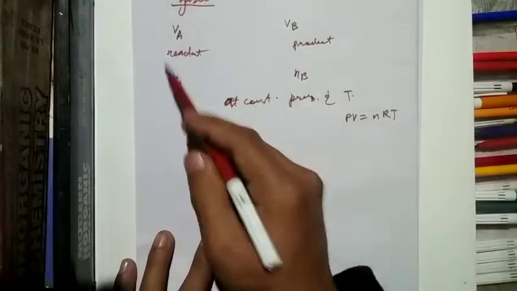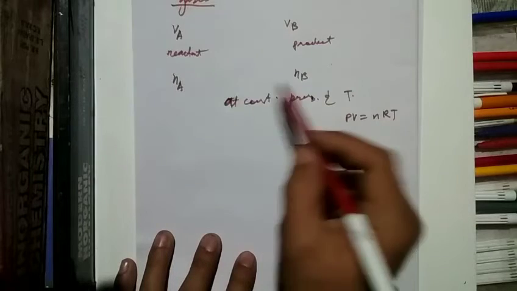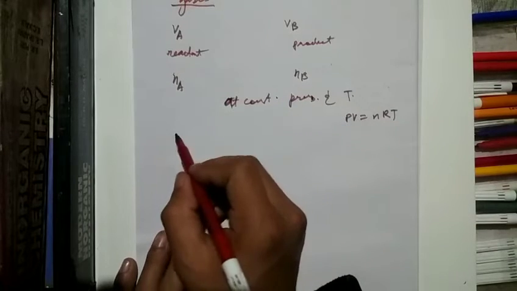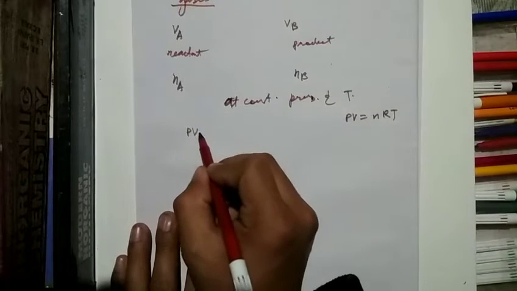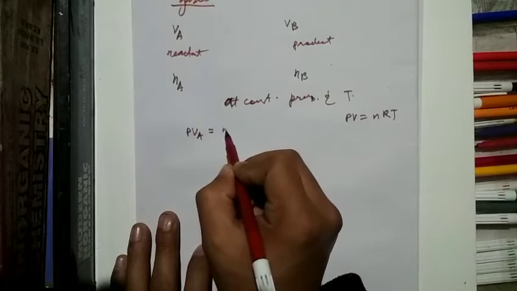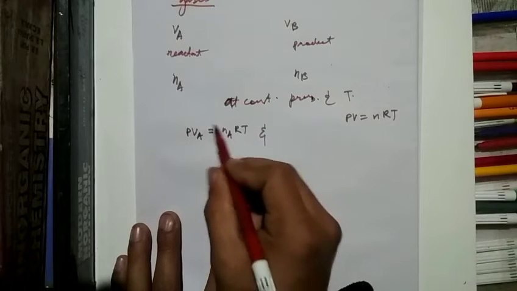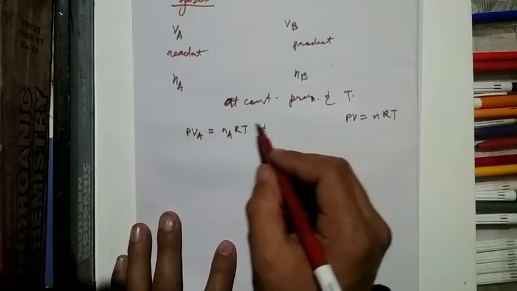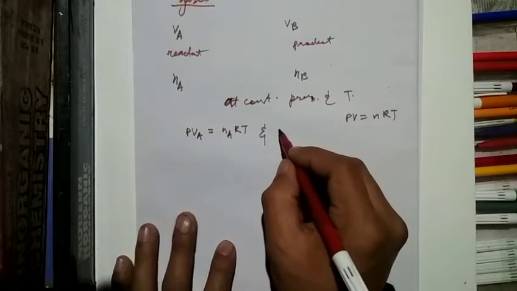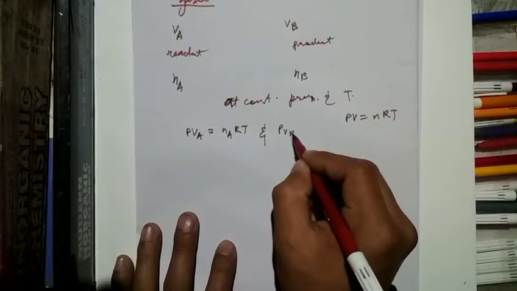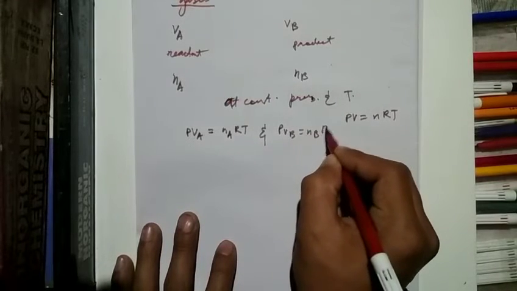So for these gases, we are going to write it as PVA is equal to NART for the reactant. Now for the product, PVB is equal to NBRT.